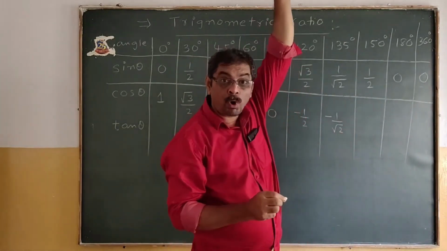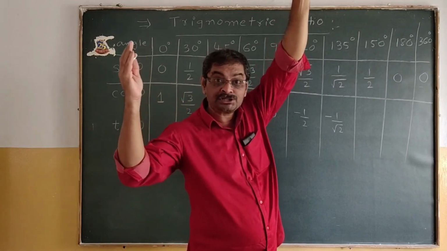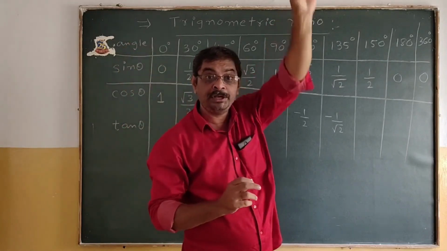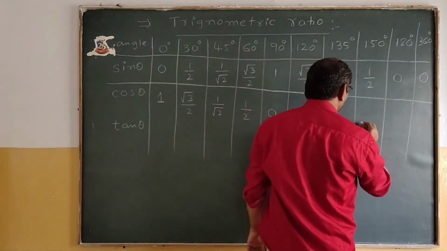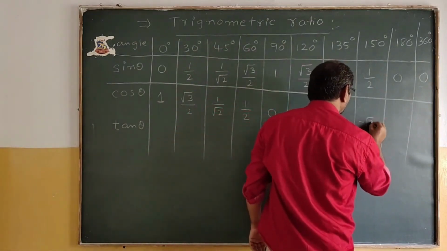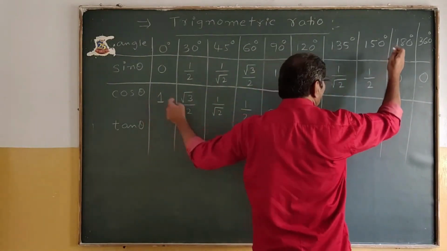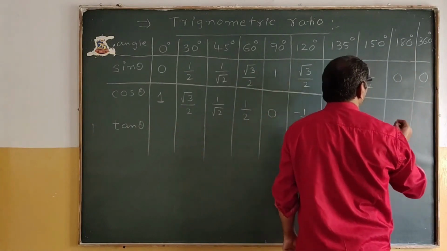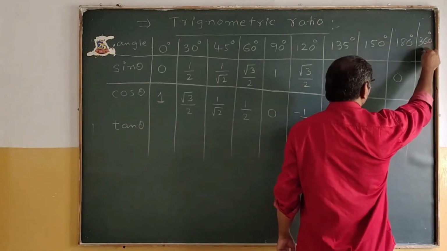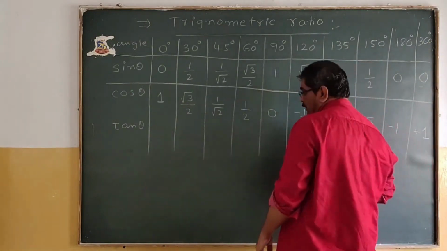Now cos 150 degree, cos of 90 plus 60, that will be minus sin 60 degree, that will be minus root 3 by 2. Similarly, cos 180 degree will be minus 1 and cos 360 degree will be equal to plus 1.